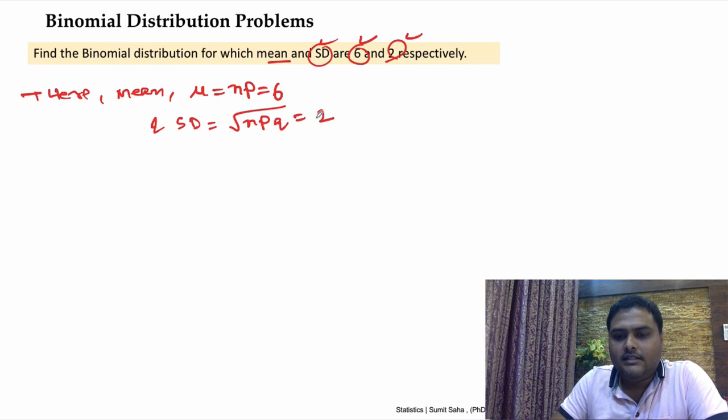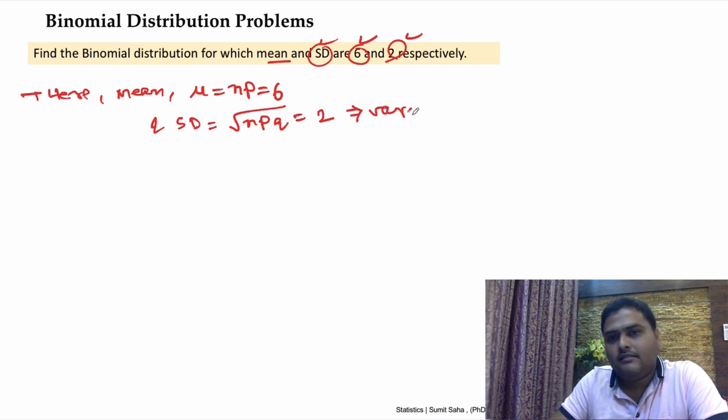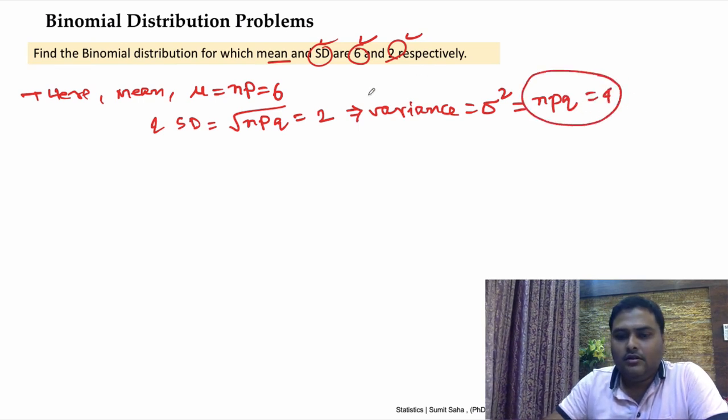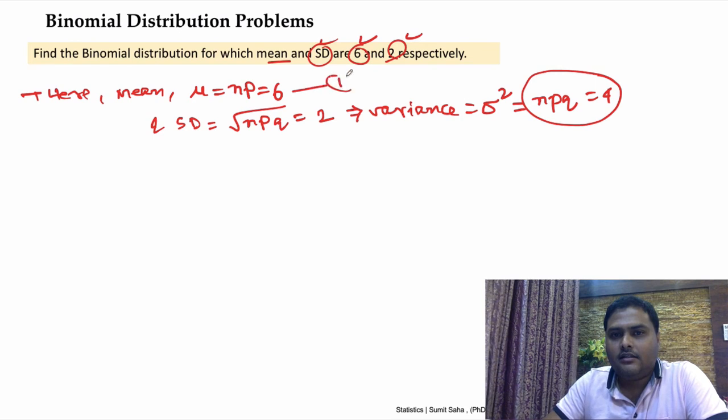Clear? So I can easily say variance, which is nothing but standard deviation squared, which is nothing but npq, equals 4.